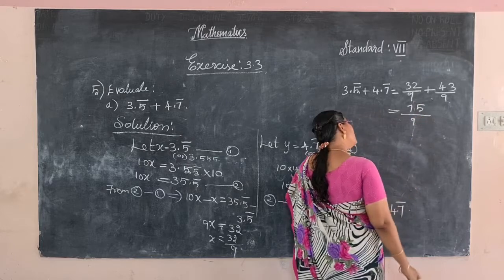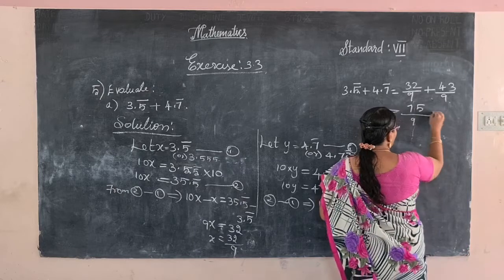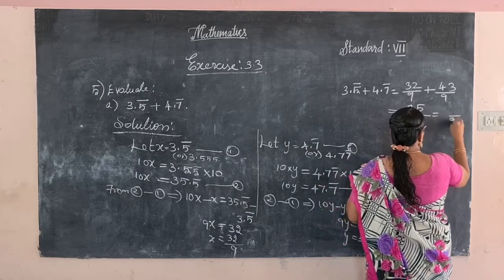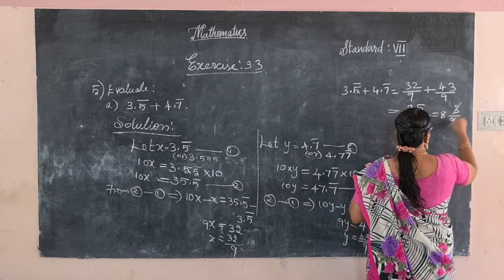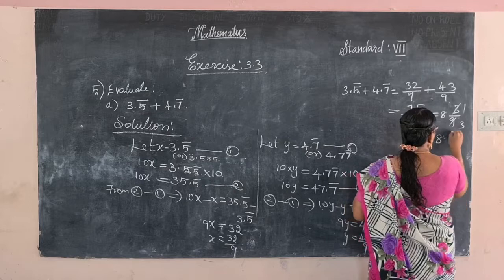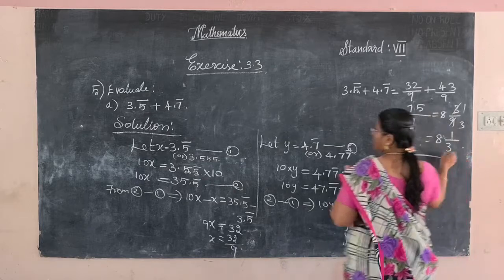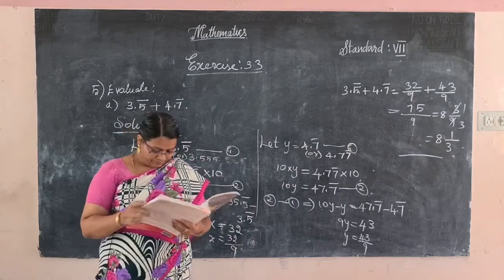It can be reduced: 9 eights are 72, remaining 3. Cancel in the 3 table: 3 ones are 3, 3 threes are 9. So the answer is 25 by 3. The second problem is homework.